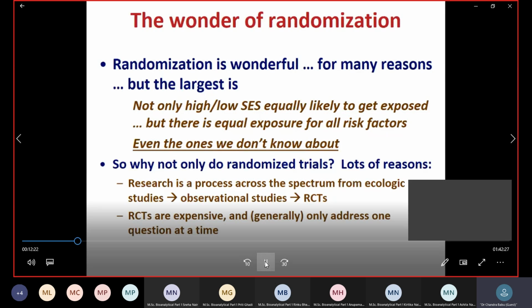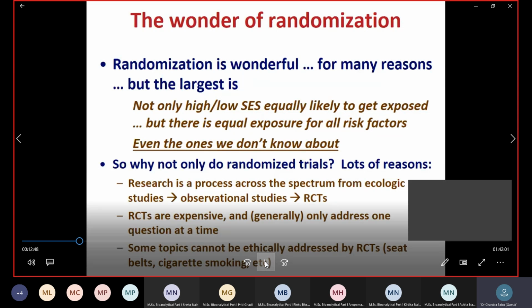The CREST trial that was mentioned in the introduction is a $65 million study, and you don't frivolously do $65 million studies. And basically, they only address one question at a time. That's a boatload of money to answer one question. Also, some things just can't be done with a randomized clinical trial.